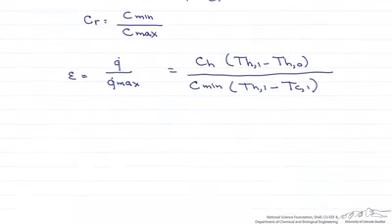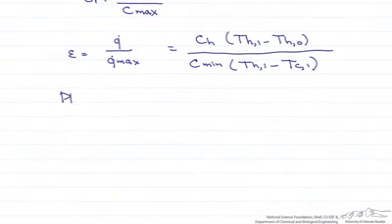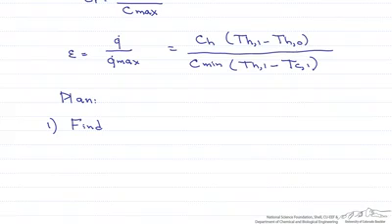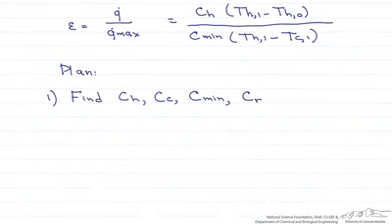So what's our plan? First thing that we're going to do is calculate all of our heat capacity rates. That means our hot heat capacity rate and our cold heat capacity rate. From that, we can figure out what our minimum heat capacity rate is, and then find the ratio of C min over C max.